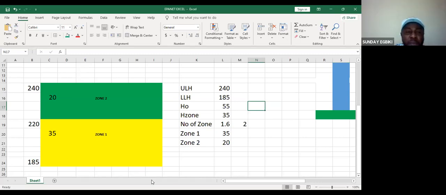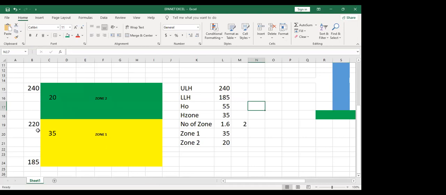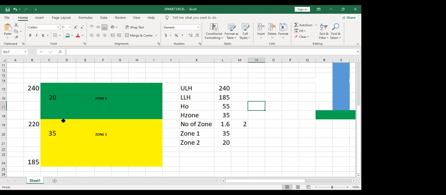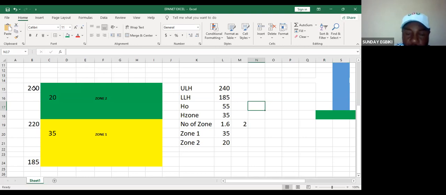What is the upper limit of housing in zone 1? 220. Okay, good. 220, which is 35 plus this 185. Now, what is the lowest limit of housing in zone 2? 220. Okay, there the upper limit of housing will be 240.